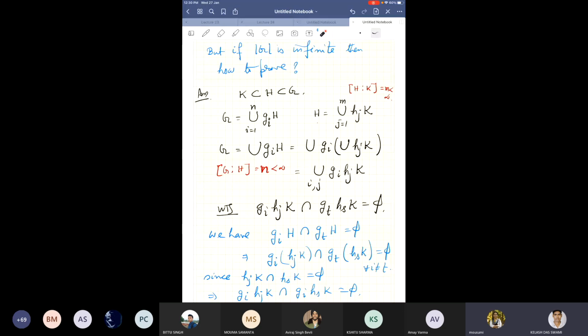Yes, ma'am. Thank you. In the third last line, shouldn't it be GI intersection GTHJ instead of S? In which line you said? Third last line. For all I not equal to T. Yes, ma'am. HSK, because we are substituting H as one of the HJK.